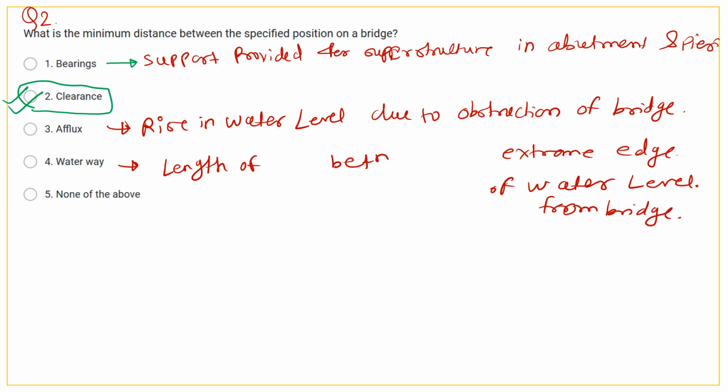So this is about question number 2. Here clearance is the minimum distance between the specified positions on the bridge. Then next question.